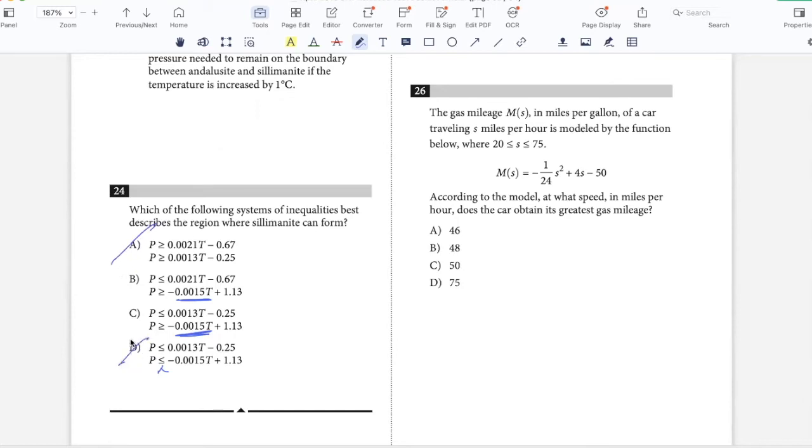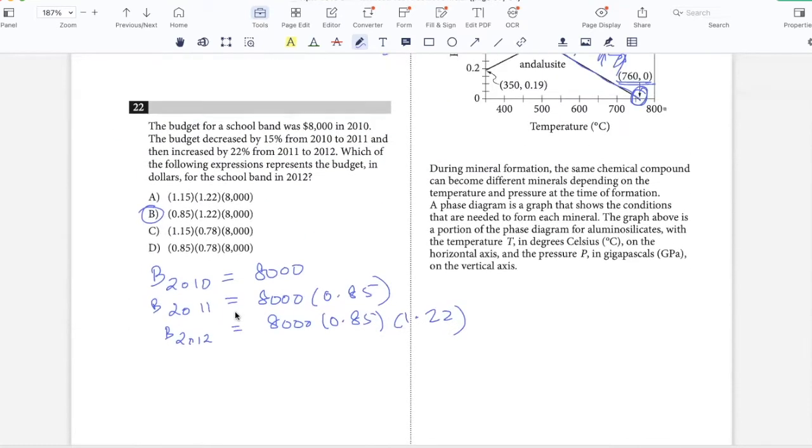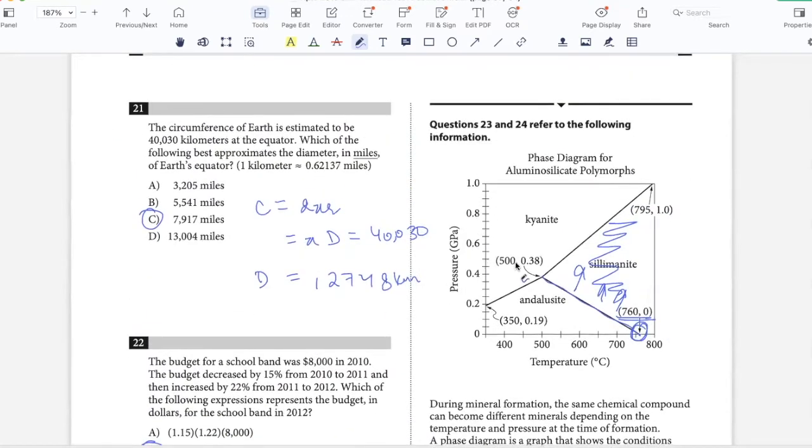Okay, so between B and C, we have to find the other one. Is it this or this? So what is the other equation? This one, right? So I can find the slope of this line. Slope is 1 minus 0.38, which is 0.62, and 795 minus 500, which is 295.